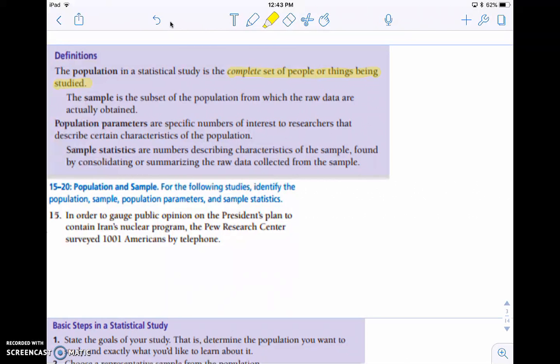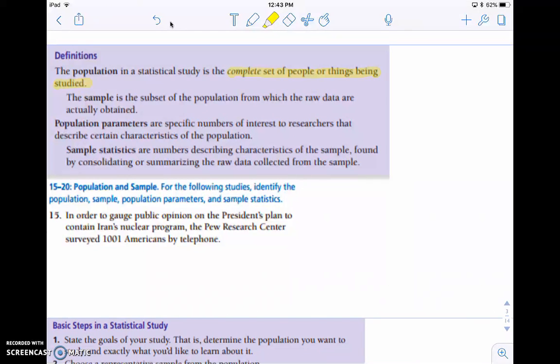If you're talking about people living in Europe, then Europe is your population. If you're talking about the number of vehicles, then you're looking at all possible vehicles ever made. If you're looking at just a specific sport such as the NBA, then your population is the NBA teams. So the population is the complete set, and it's very dependent upon what you're trying to study.